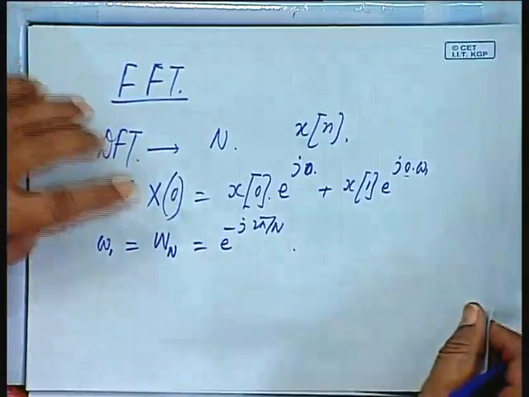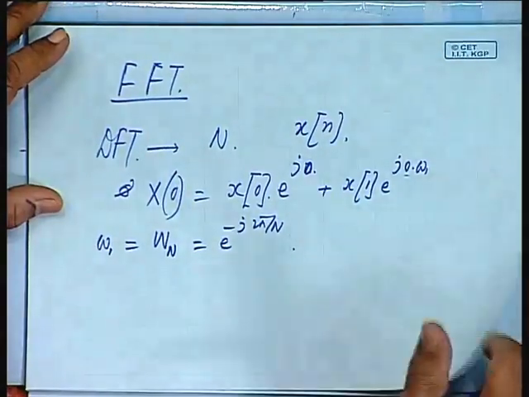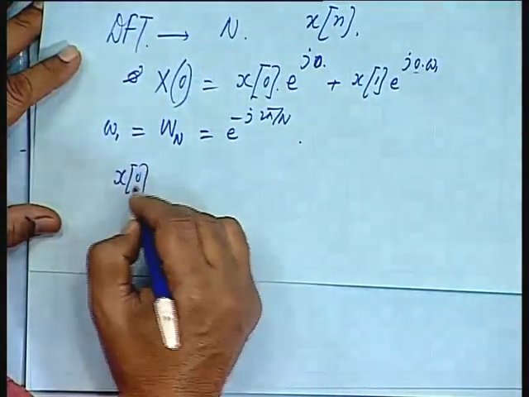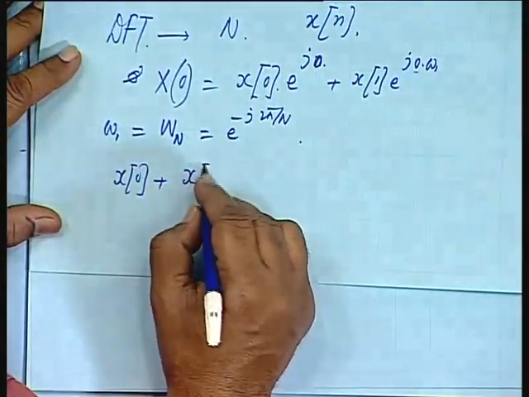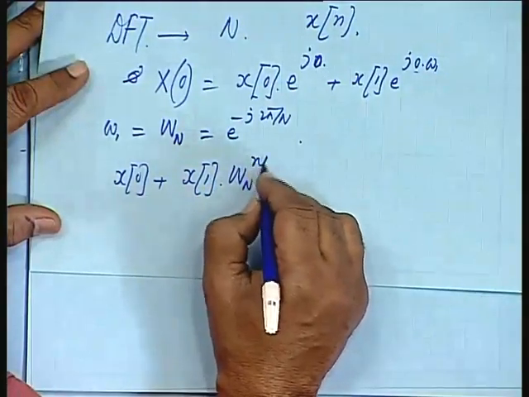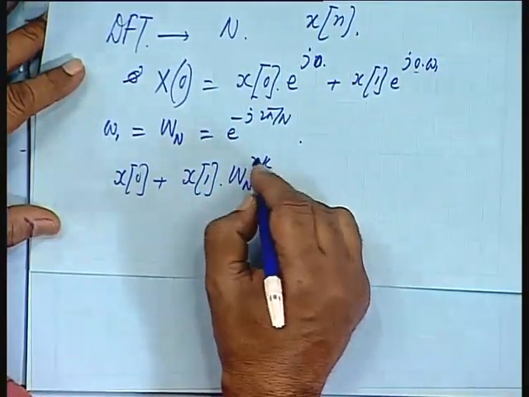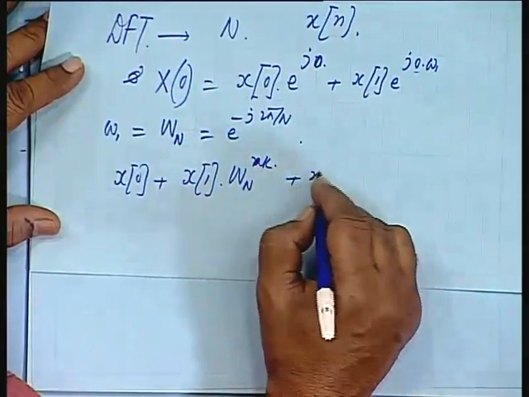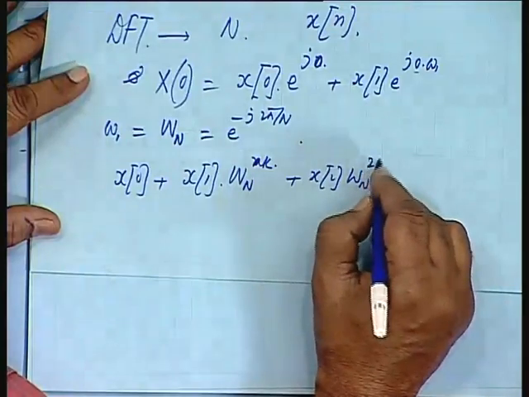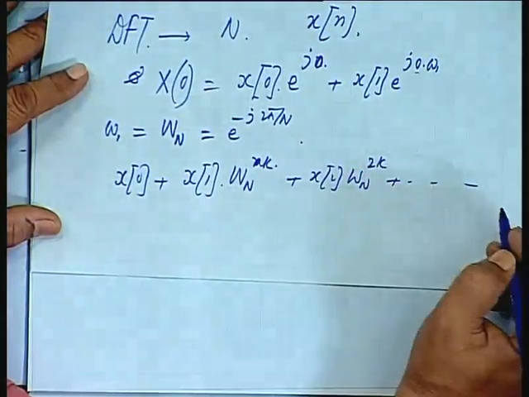Okay. This is a basic angle. So, you get x0 plus x1 into wn 1k plus x2 into wn 2k, and so on.